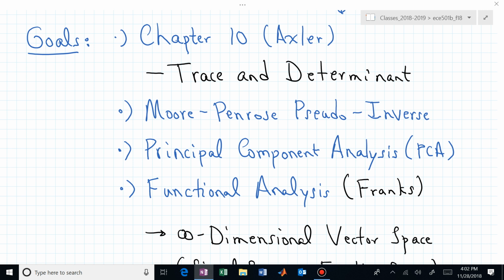Chapter 10 we're not going to cover a lot, but we will talk about the trace and the determinant. Then we will get into the Moore-Penrose Pseudo-Inverse, and if you recognize that name, that's because it was one of our resources in the course material.